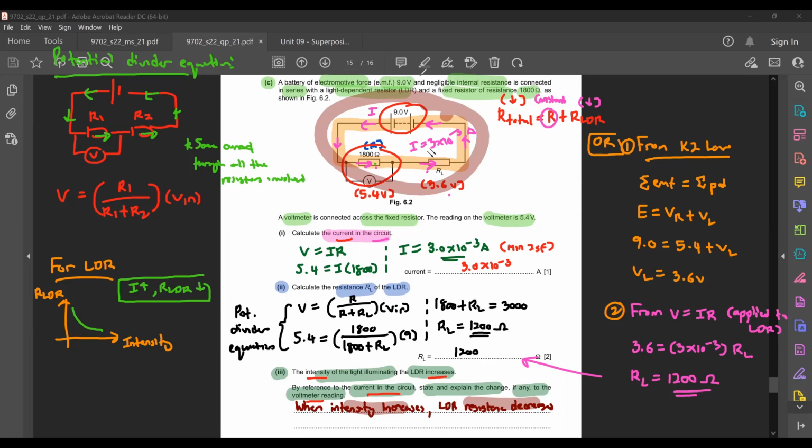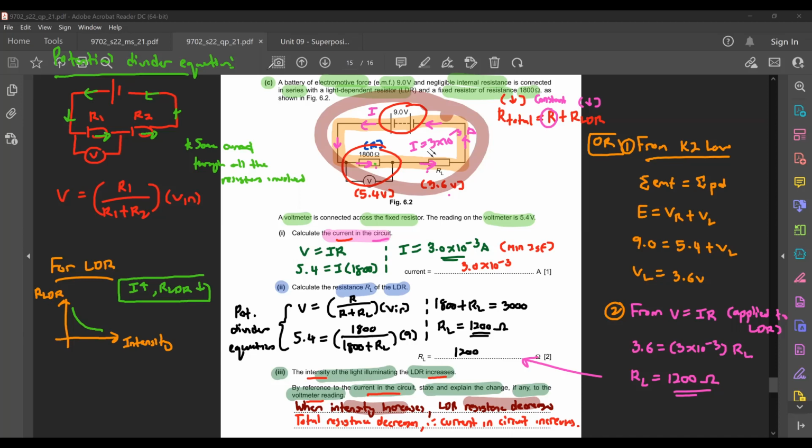Okay, so here we would say that total resistance decreases, therefore current in circuit increases. Okay, so because total resistance has now dropped, the current in the circuit will now increase.